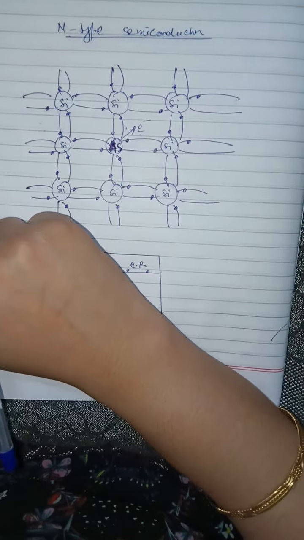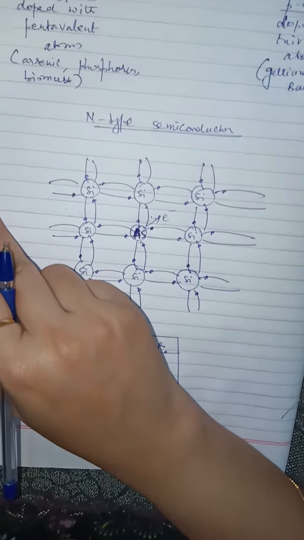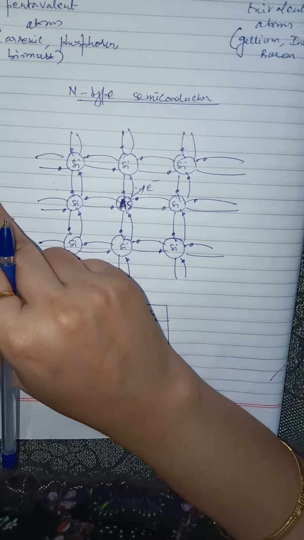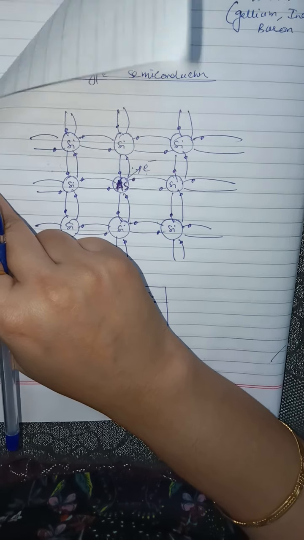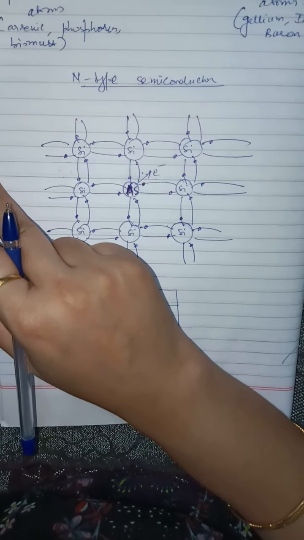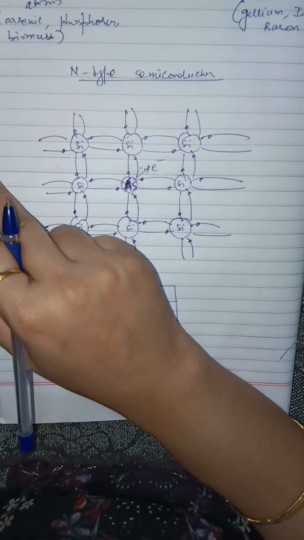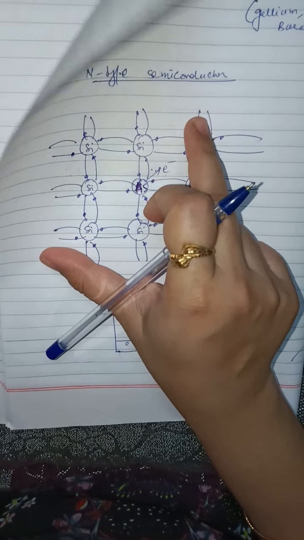So if you provide only this much energy to the electron, 0.045 for silicon or 0.01 for germanium, it's a very small value. When this amount of energy is supplied, the electron will break away from the arsenic atom and become free.